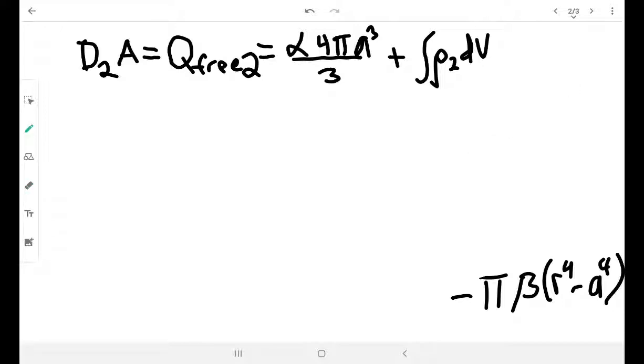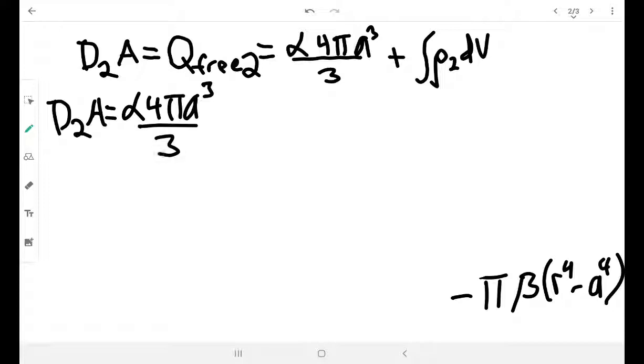So Q free 2 is equal to D2 A, and that's equal to alpha 4 pi A cubed all over 3 minus beta pi times r to the 4th minus a to the 4th.